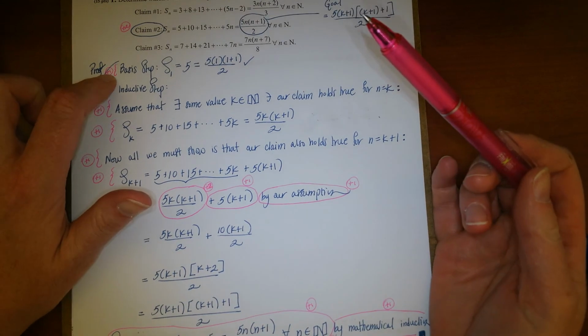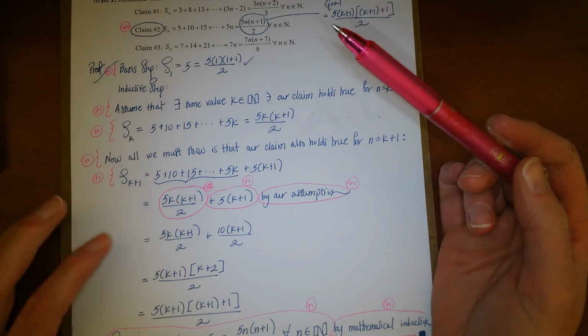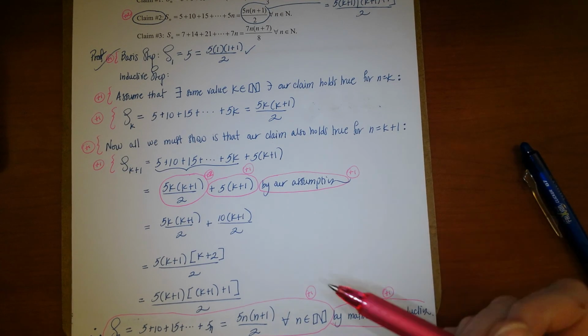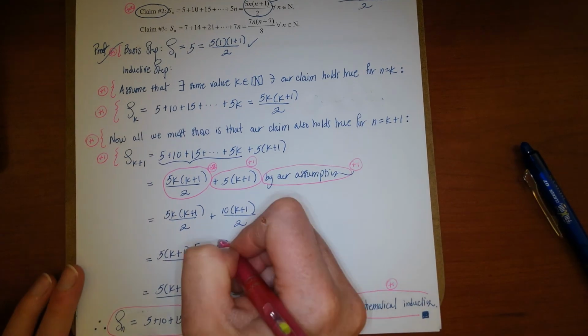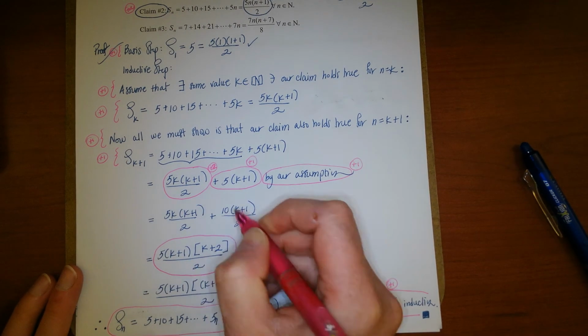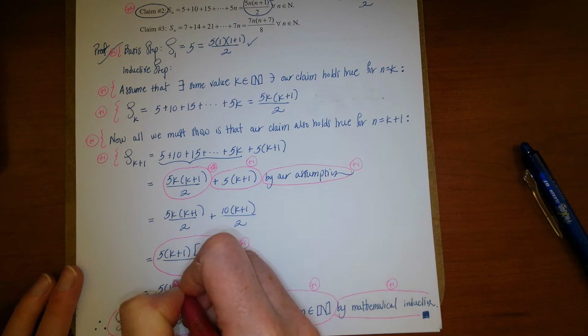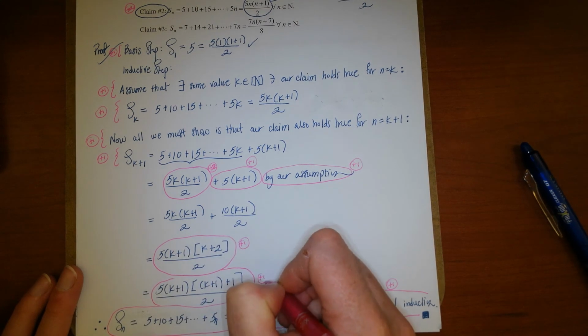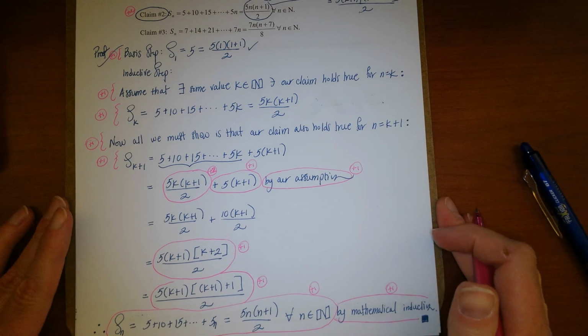Am I missing one? 12, 13. Hold on a second. I feel like I'm missing something. Oh, I am missing something. 2 important points, sorry, guys. 1 point for passing through this at any stage in your work. There it is. And 1 point for this. There we go. Okay, now it should add up to 15.